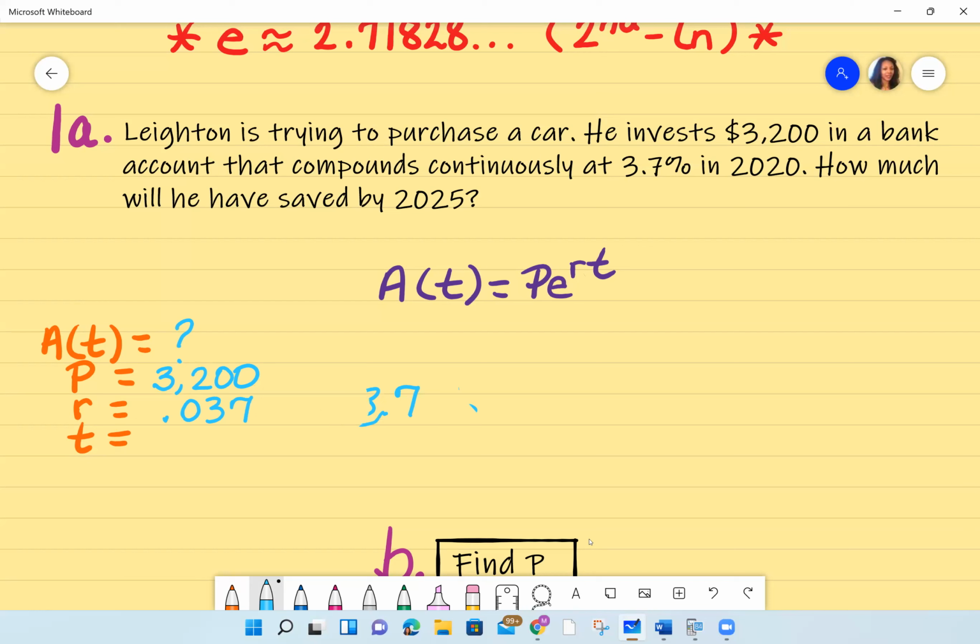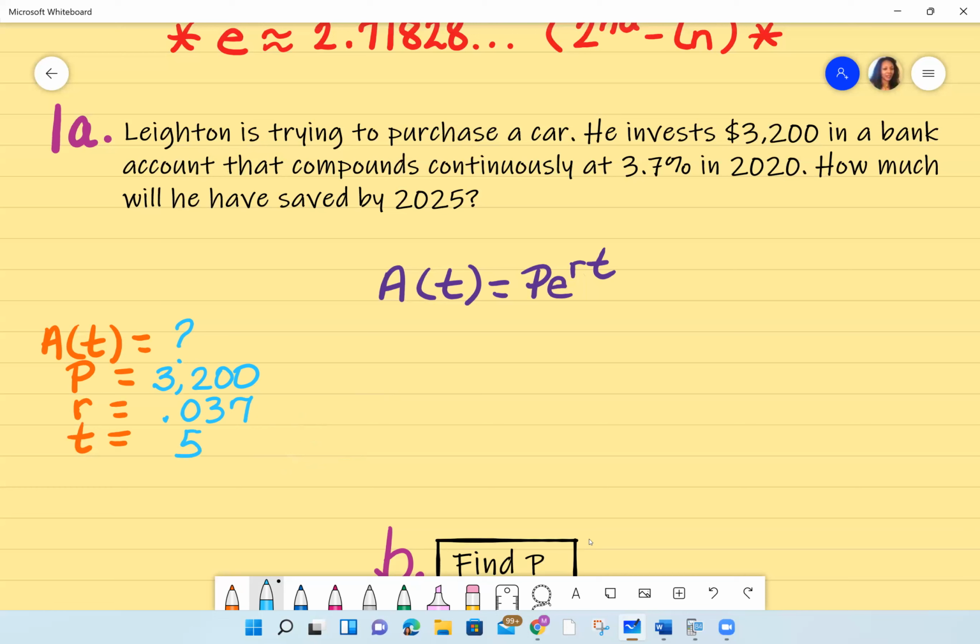That's all you're doing when you're converting it to a decimal. Now it says in 2020, how much will he have saved by 2025? So you just have to take the difference between those 2 years. So 2025 minus 2020, and you can clearly see that's 5 years. So t is going to be 5.